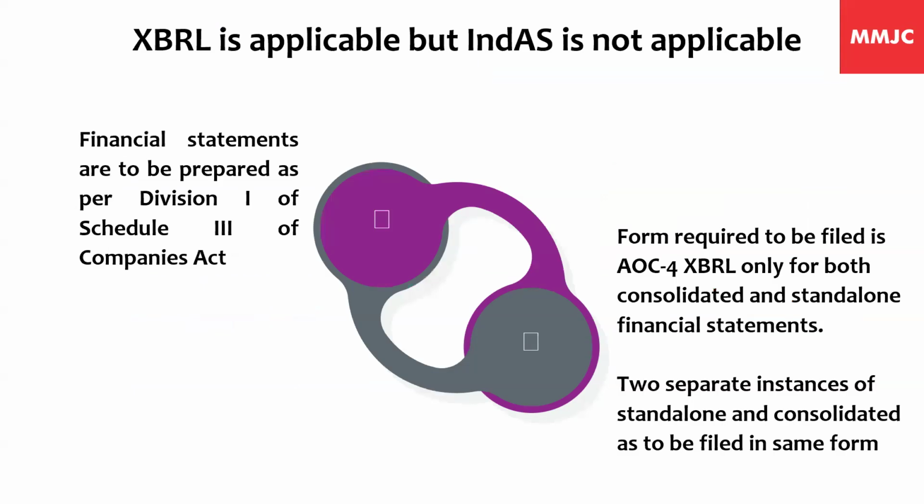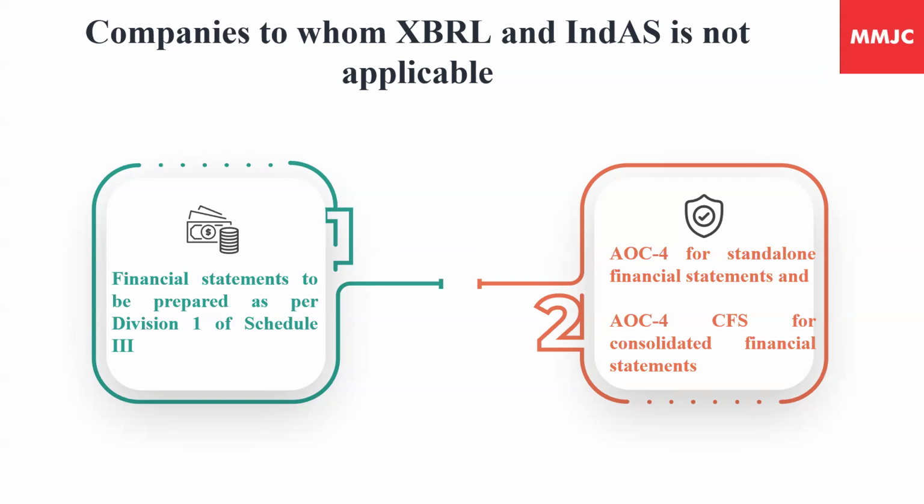What if consolidation is applicable to such a company? If consolidation is applicable to such a reporting company and it has prepared consolidated financial statements, then while filing such consolidated financial statements, Form AOC 4 will have to be filed, but the company will have to select the option for consolidated financial statements while filing that e-form.